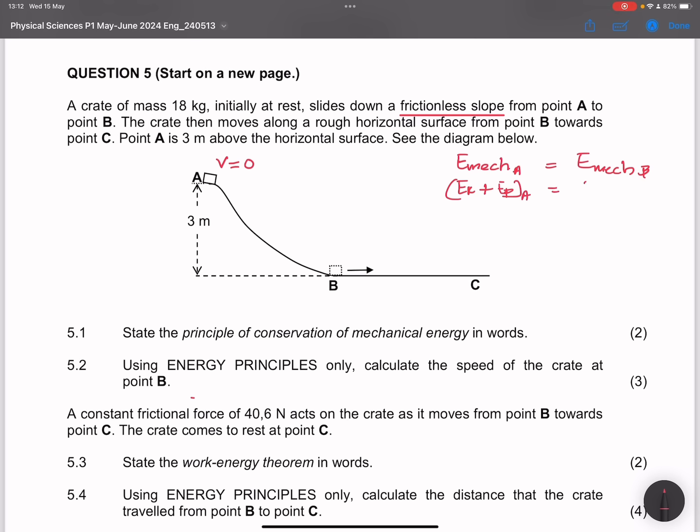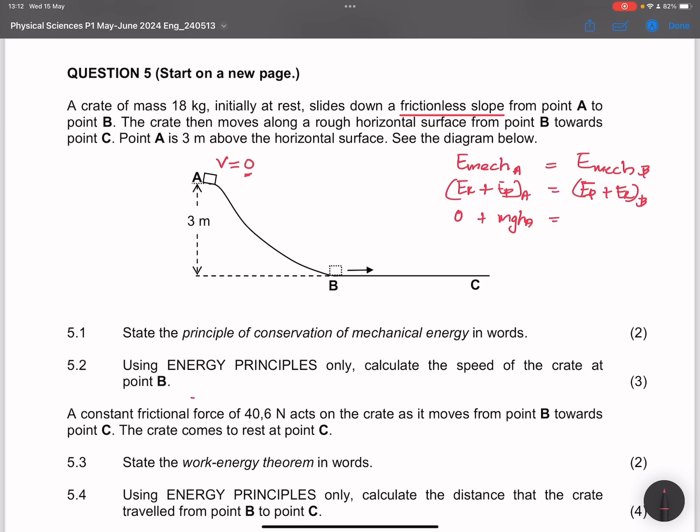But once we get to B, our potential energy is 0, but the kinetic energy has got a value there. Right, so we said EK is 0 because velocity is 0, which means EP would be mgh at A.